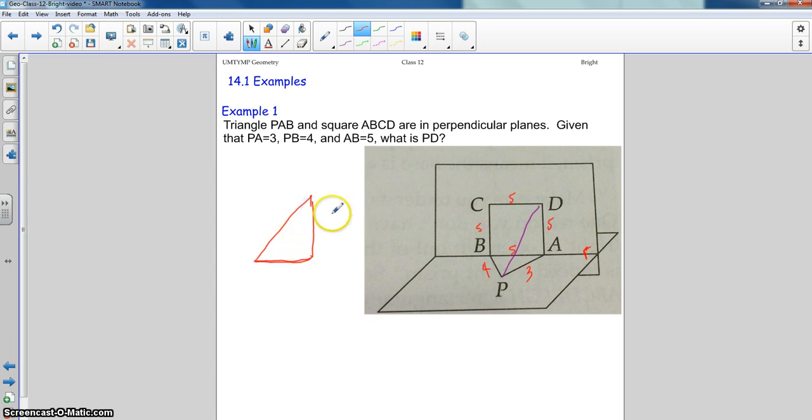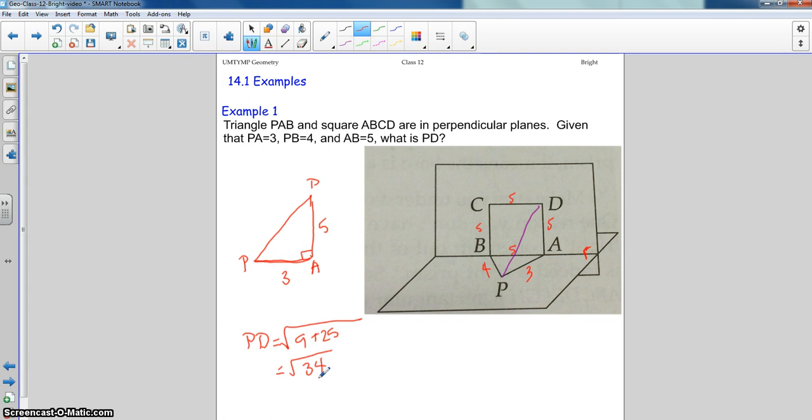I'd have D up here, A, and P, and since these are perpendicular planes, this is a right angle. I know that PA is 3, AD is 5, and then PD I can get using the Pythagorean theorem. So this is the square root of 9 plus 25, or just the square root of 34.